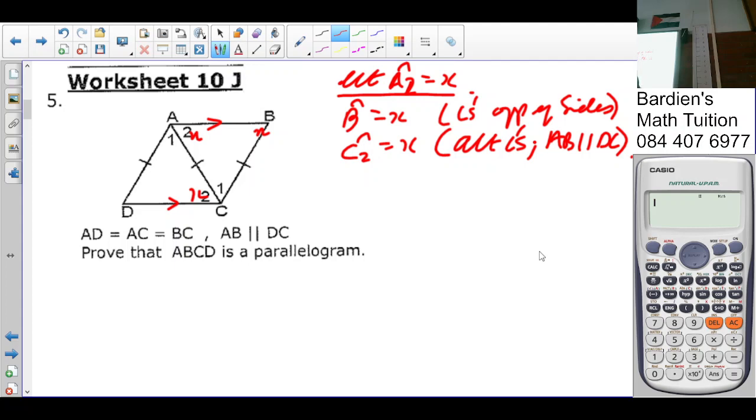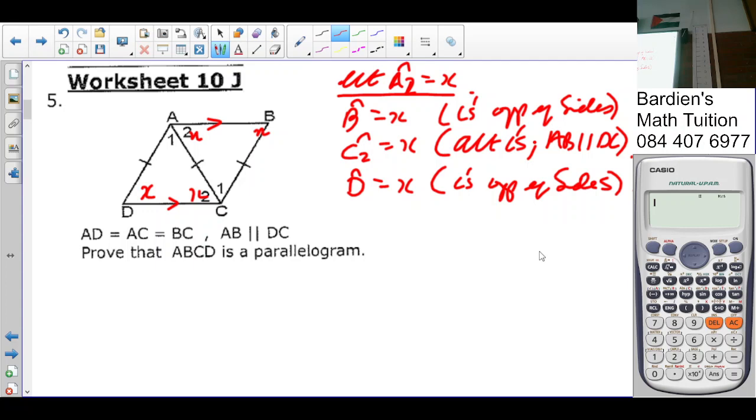Now what? Angle D is equal to x, but it's not actually going to take me to what I was thinking of. Angle D is equal to x, angles opposite equal sides. Some of these are necessary, but I will show you now.